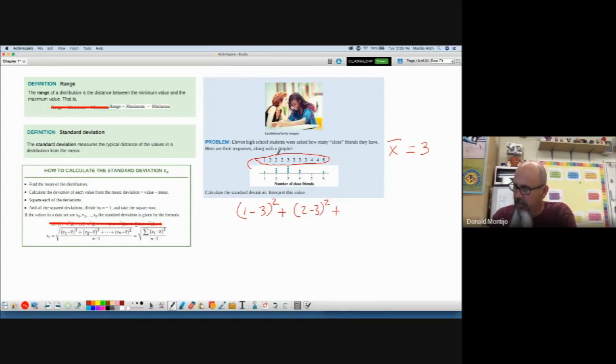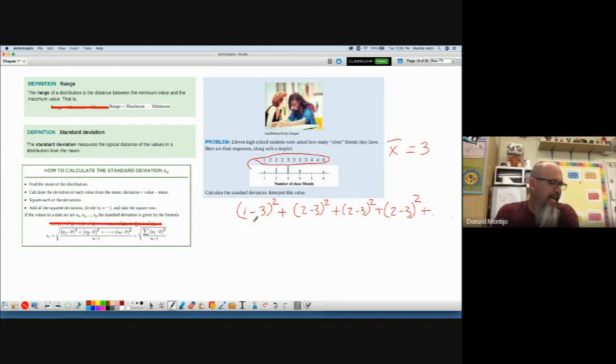And then I take the next one, 2 minus 3, and square that, and so on for every single data point. After I've done all of these subtractions and squarings, I'll add them all together, and then I'll divide by n minus 1, meaning one less than how many data points there are.